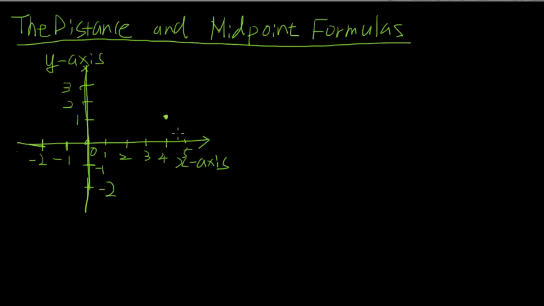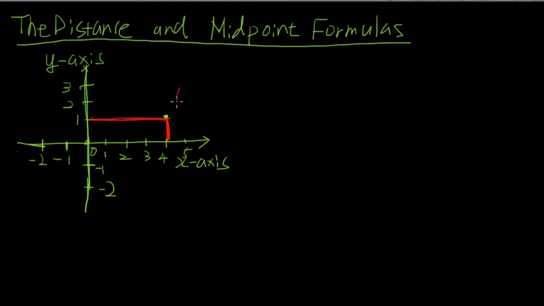Once we divide any space with these two lines, now we can identify the exact location of this point using the x value and the y value of that point. So what's the x value?